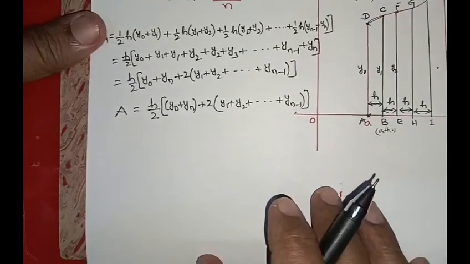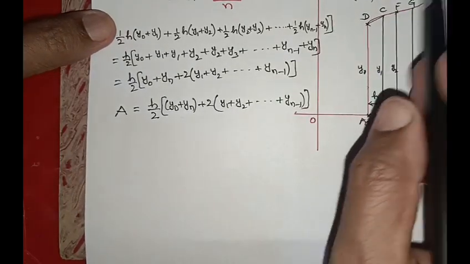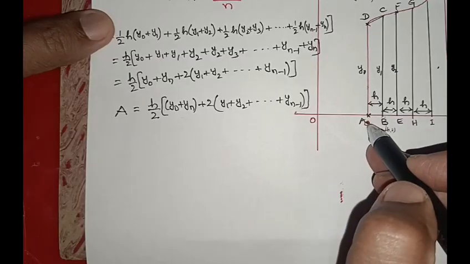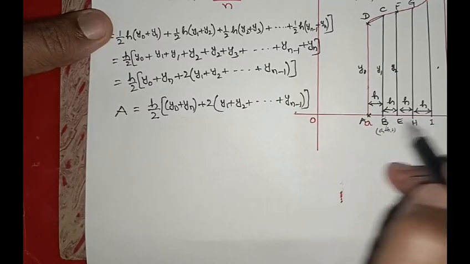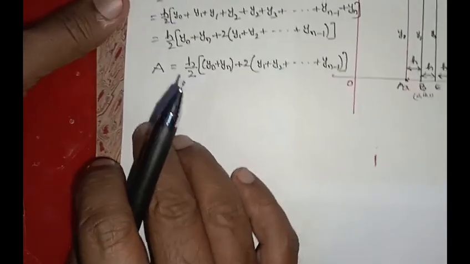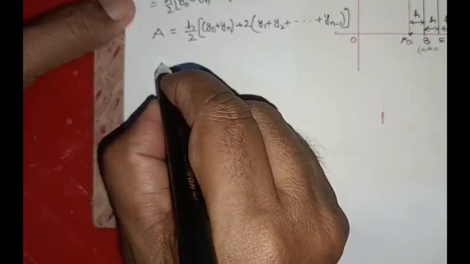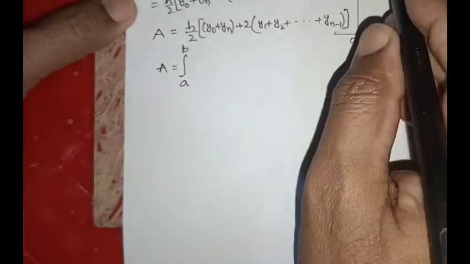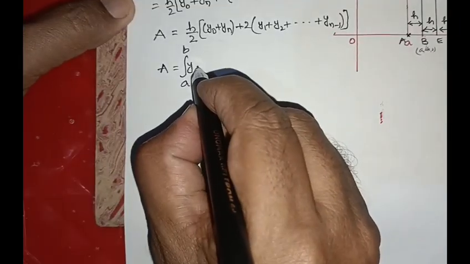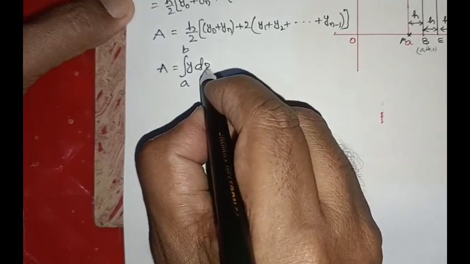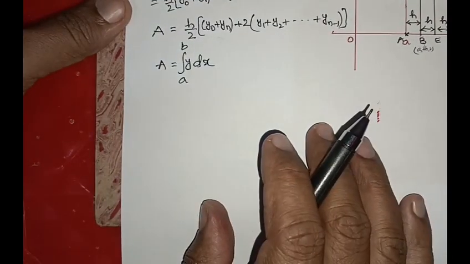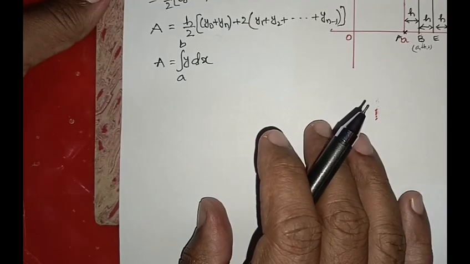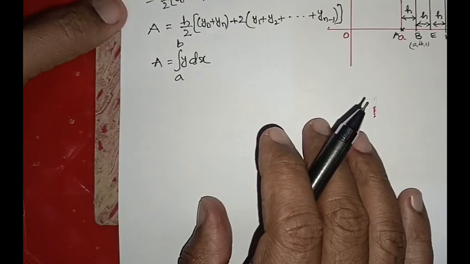But we know that the area under the curve y equal to f of x bounded by x equal to a, x equal to b, and the x-axis is given by integral a to b f of x dx, and f of x is assumed as y, so y dx. This we have studied under area under the curves in integration.